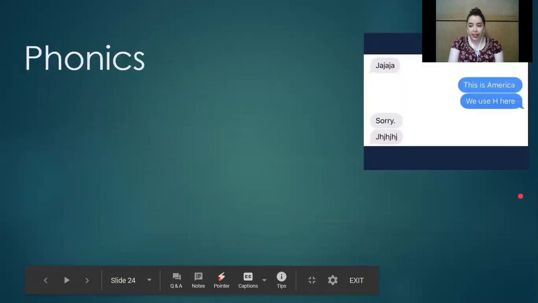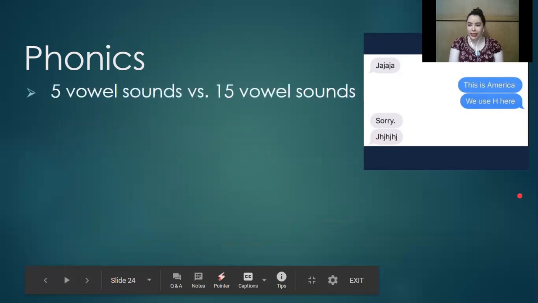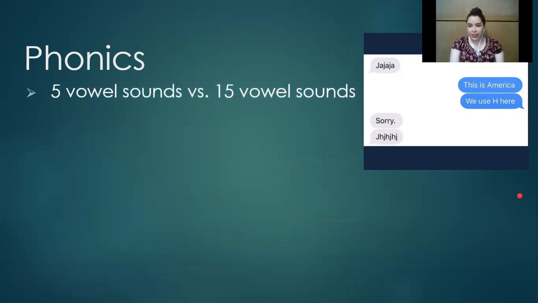So for phonics, in Spanish, the vowel sounds, unless they're combined, Spanish combines the different vowel sounds, they make the same sound every time. So A always sounds like A, I always sounds like E, E always sounds like A, O, U, U. In English, we have many different sounds that these same letters can make, which can be very confusing.